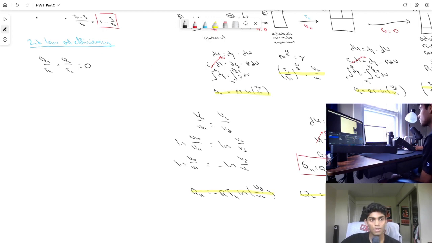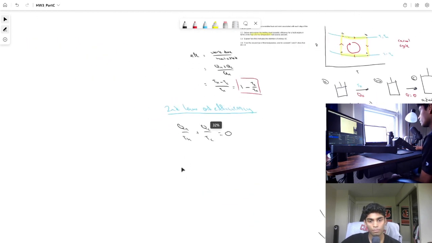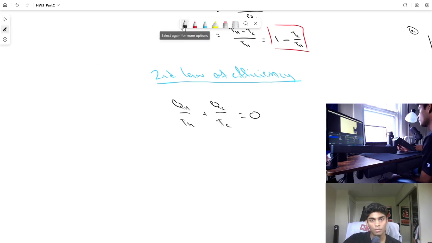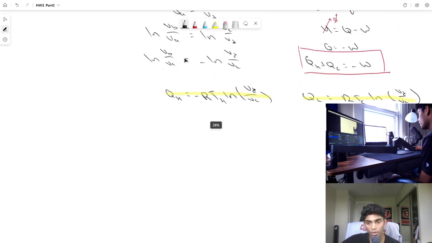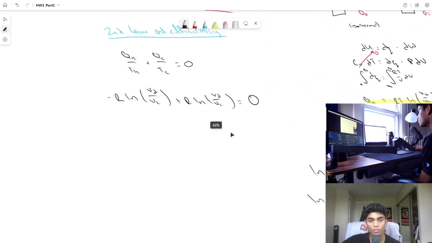So on this side, we get negative R times the natural log of VD over VC plus R natural log of VD over VC. And obviously that's going to equal 0. They're just the plus and minus of the same thing. Just checking the ratio. Yep.